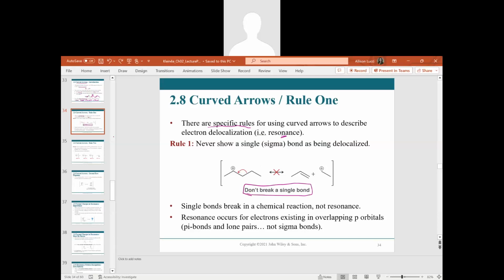If we moved those two electrons, we would end up with this molecule here and this ion over here, and we don't want to do that. We can't move electrons if we break a bond. That's not resonance. We can never have a single sigma bond that can be delocalized.